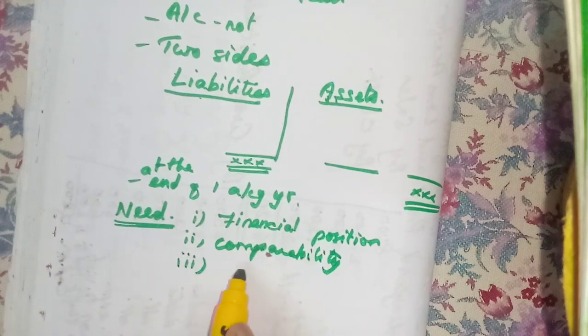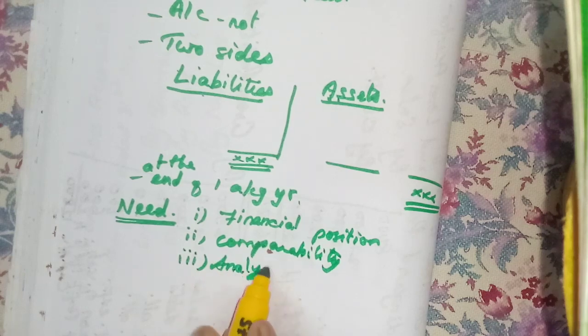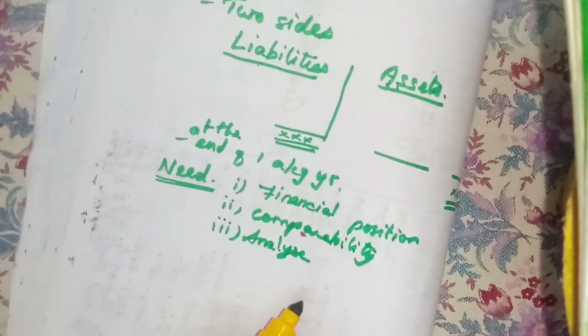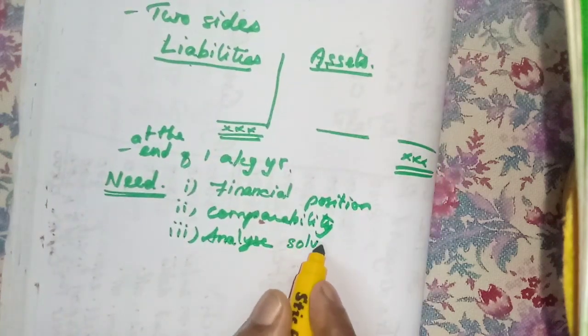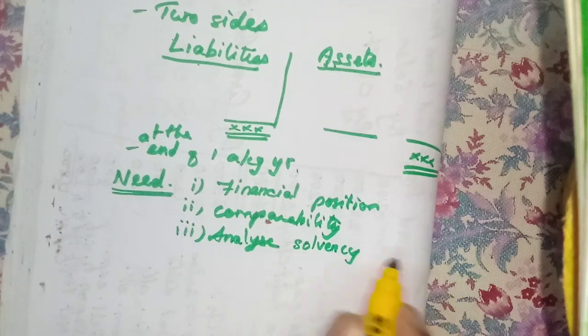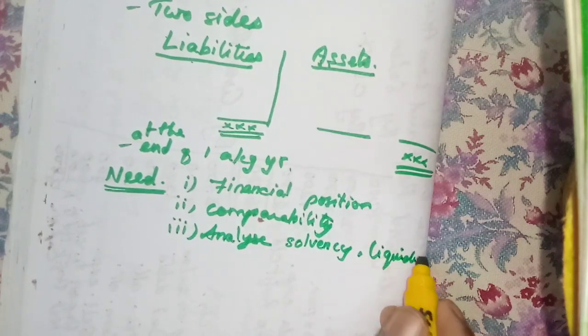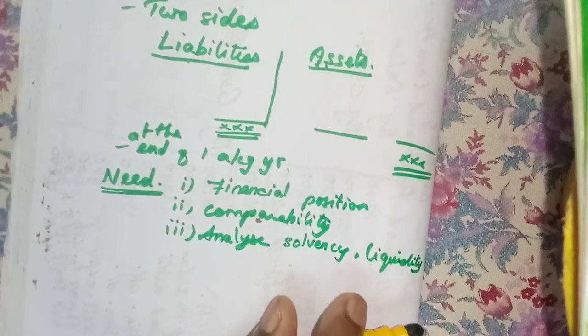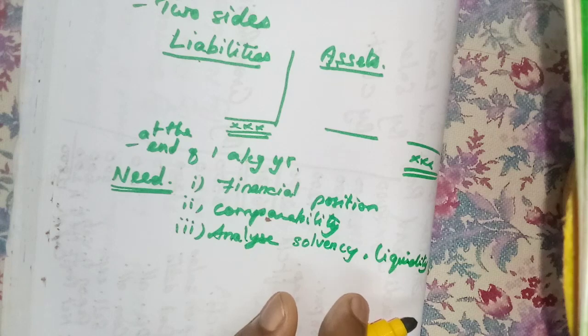Okay, then one more, they can analyze the solvency position, maybe the short term solvency or the long term solvency or the liquidity position. Liquidity means the paying capabilities, paying back the amount of trade payables.